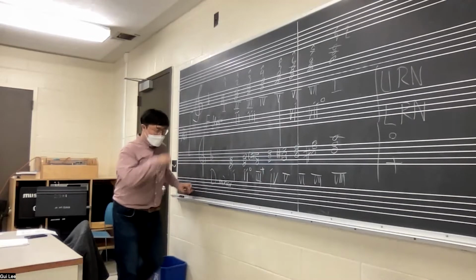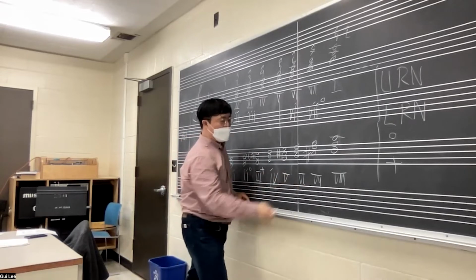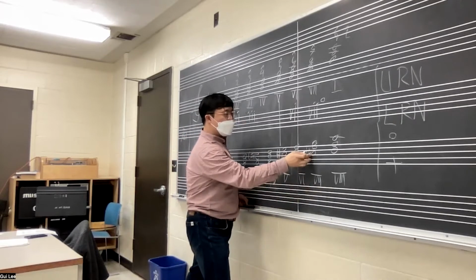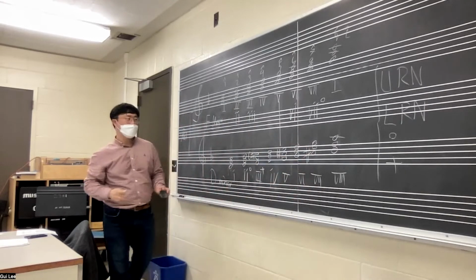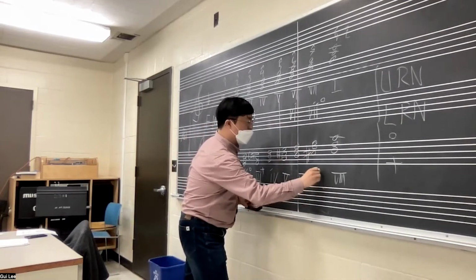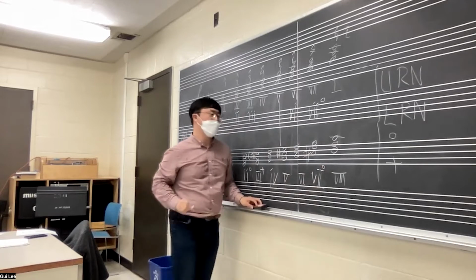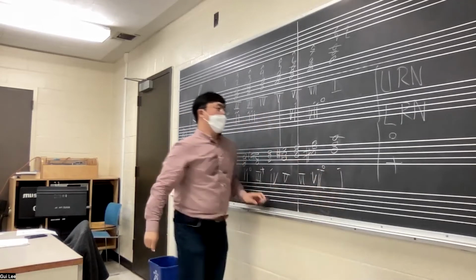Major triad, so uppercase should be the right answer. And then we have C sharp, E, and G. Diminished. So lowercase plus circle should be the right answer. And we just got back to lowercase 1.